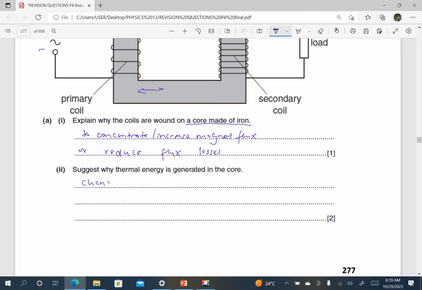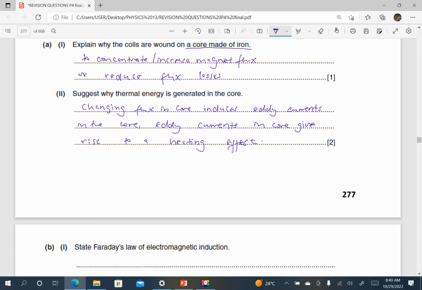The changing magnetic flux in the core induces eddy currents in the core, and it is these eddy currents in the core that give rise to a heating effect in the core. So that's why there's thermal energy generated in the core.